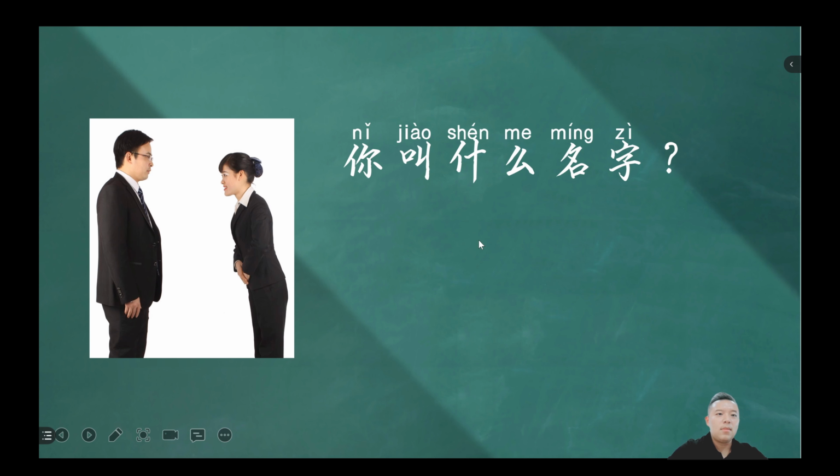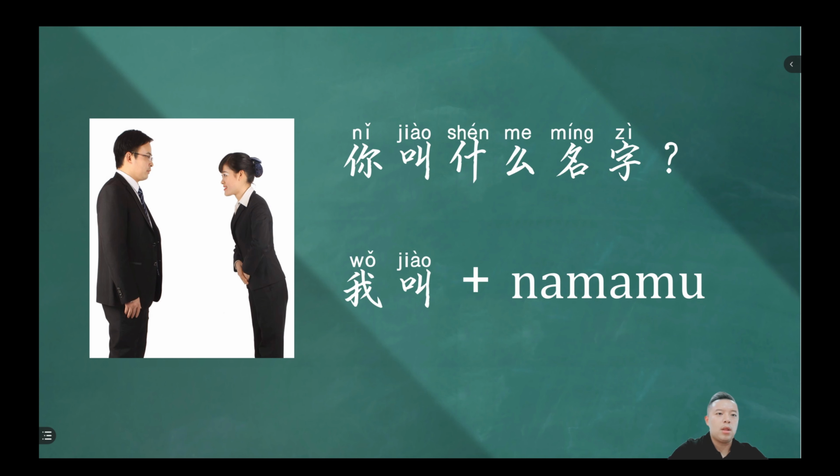Okay, so in this situation, you can answer with the sentence pattern 我叫, saya namanya. 我叫什么什么 to answer. 你叫什么名字？我叫玛丽。你叫什么名字？我叫大卫。Okay, very good.